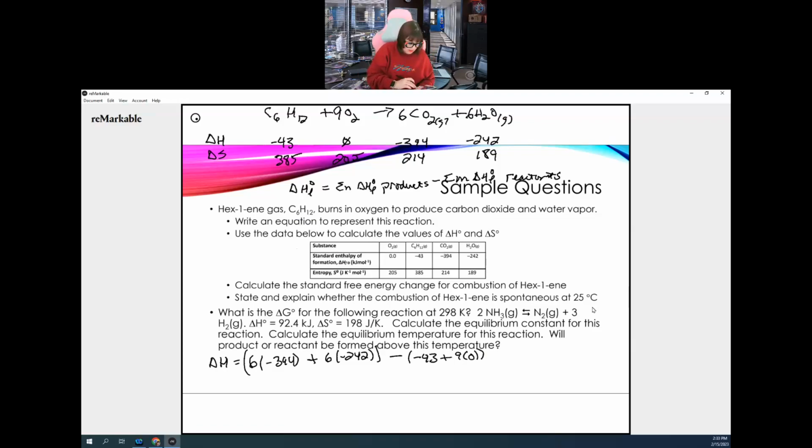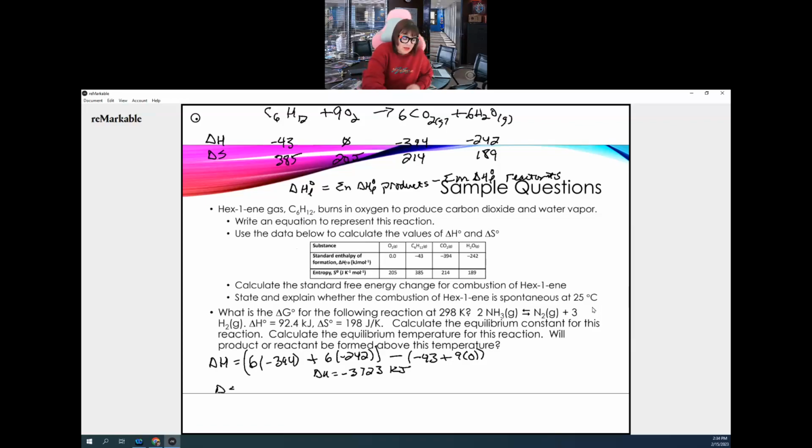So 6 times negative 394 plus 6 times negative 242 minus the negative 43 gives me delta H equals negative 3723. And of course, that's kilojoules, and it's per mole of C6H12.